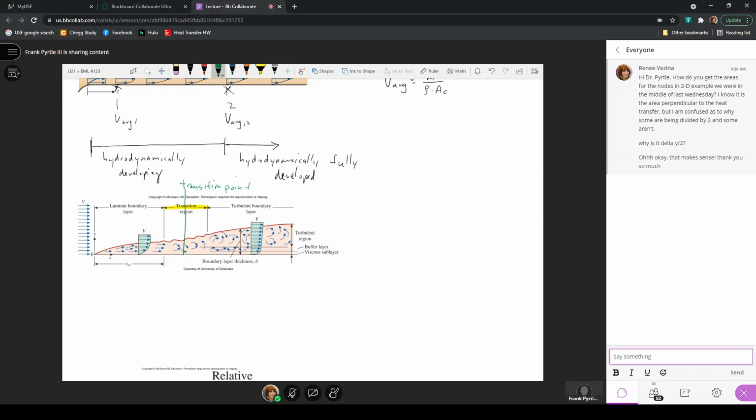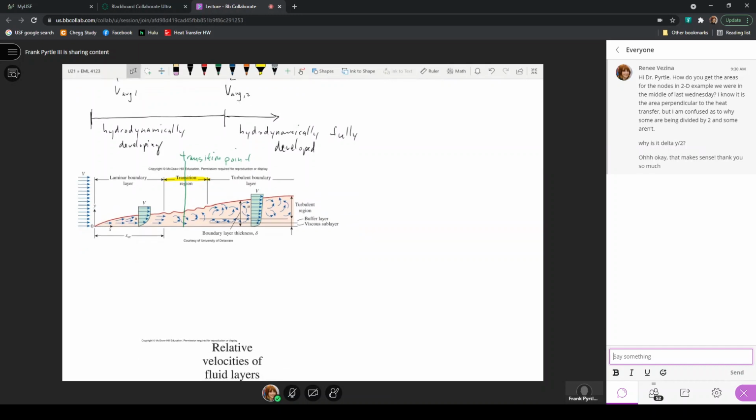Now here are velocity distributions. Notice here the shapes. When we're calculating, let's say, a shear stress to calculate the force of drag that will be operating on this surface where this boundary layer is forming, the shear stress, tau, is defined as the dynamic viscosity, mu, times du dy.